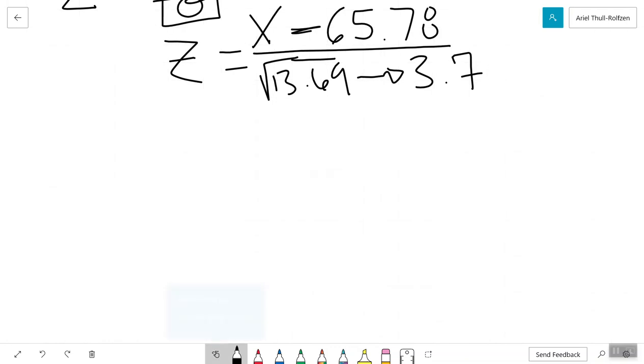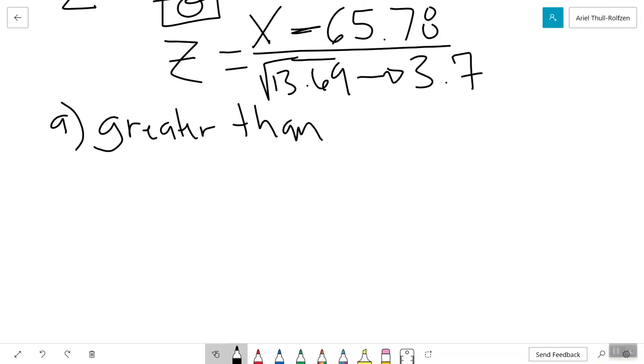So let's do A. A for this problem asks us, what is the probability that a height of a mother chosen at random is greater than 61.2 inches? And here, I'm going to write it as greater than 61.2 inches.